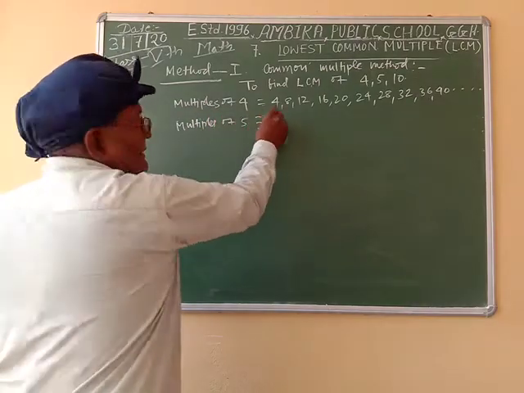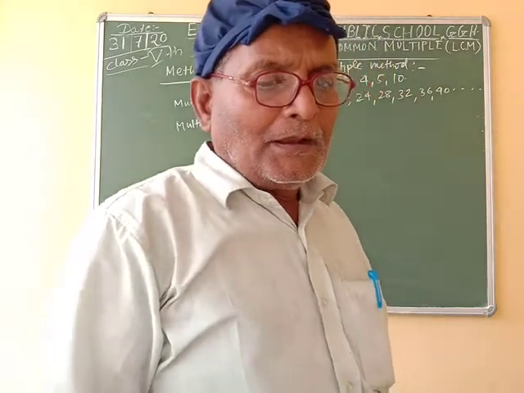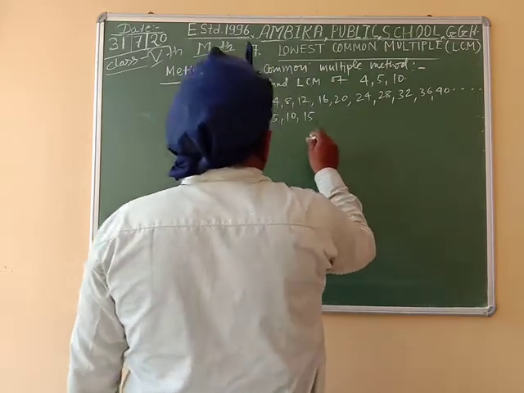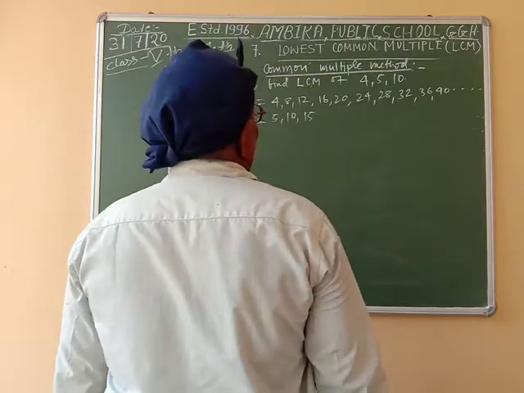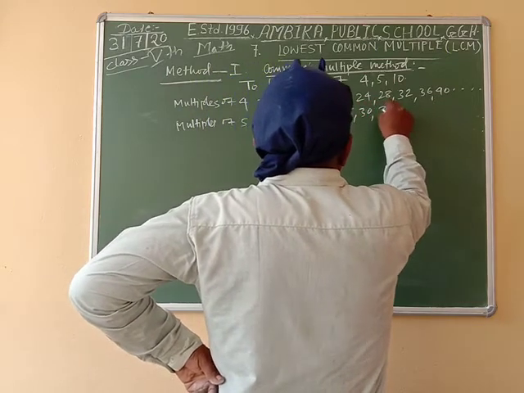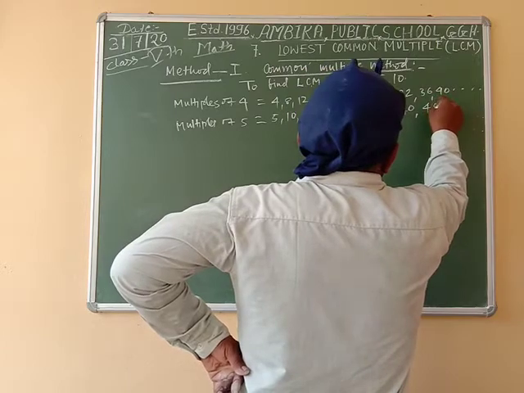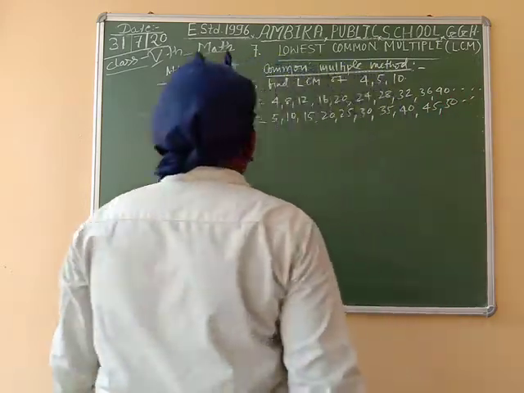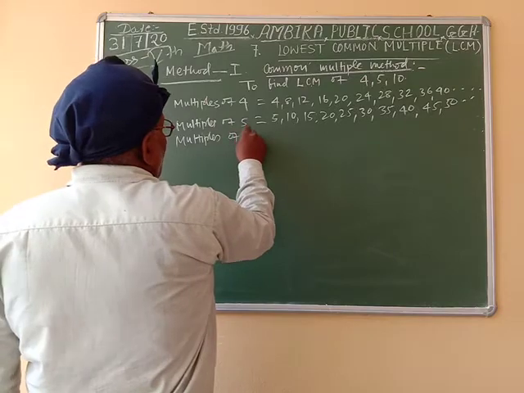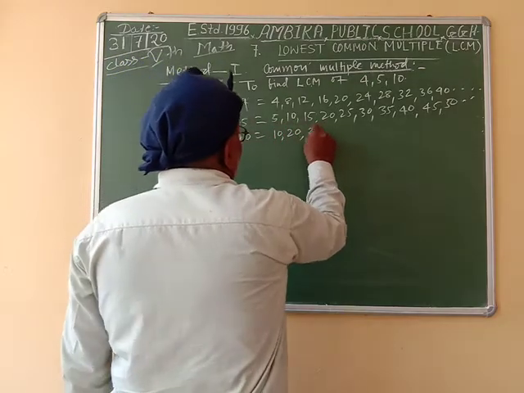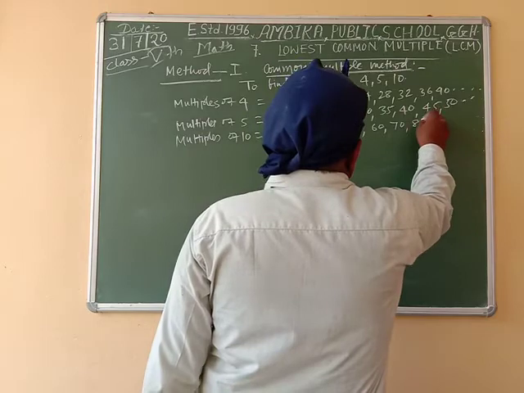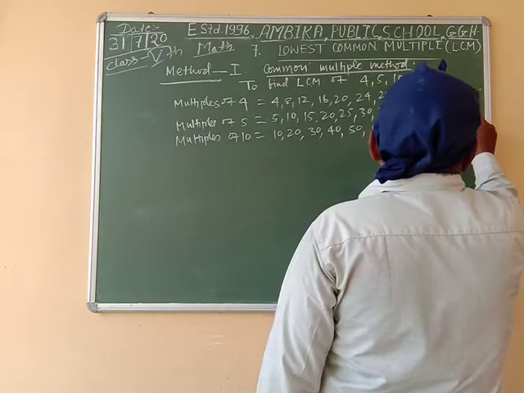Multiples of 5 is equal to 5, 10, 15, 20, 25, 30. Multiples of 10 is equal to 10, 20.